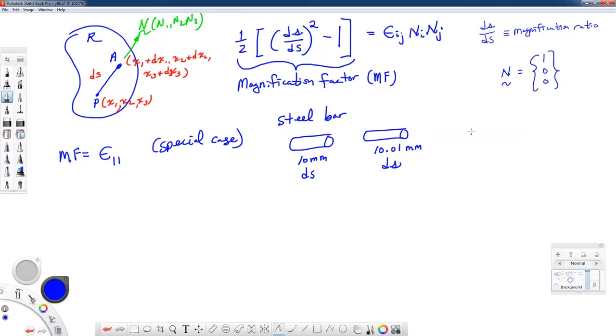We can calculate our magnification ratio if you want. 10.01 divided by 10. Well, that's hardly much different than 1. It's 1.001. Let's calculate our engineering strain.